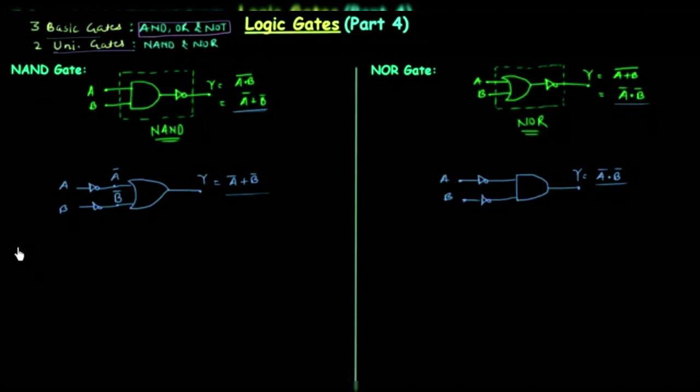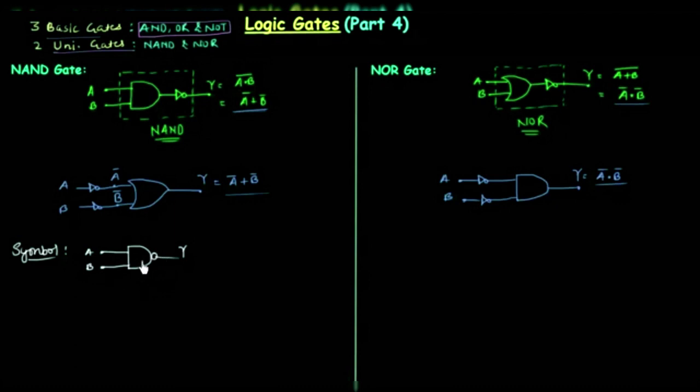Now we will move to symbol for NAND gate. NAND gate is represented like this, AND gate, and then we have a small bubble at the end. This small bubble represents the NOT gate. These are the two inputs, y is the output.